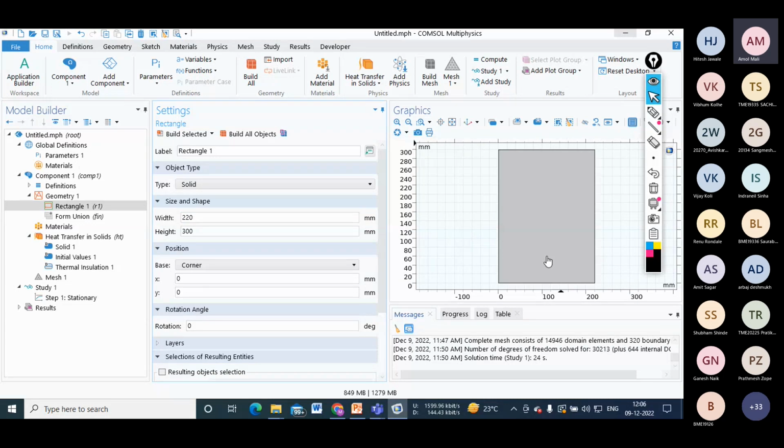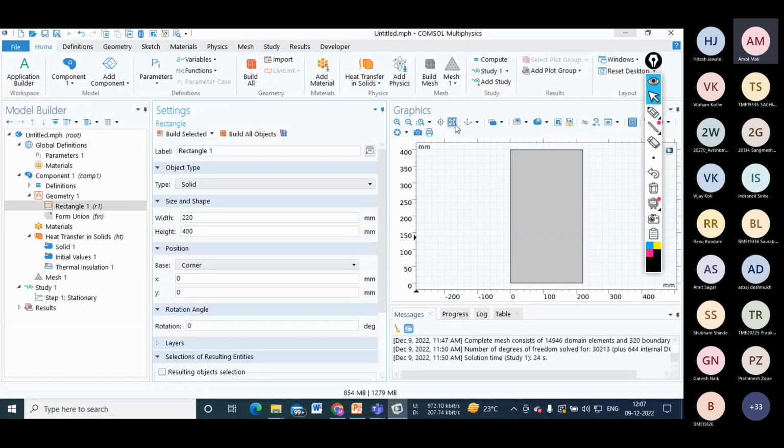Okay, is it looking proportionate? No, so I will increase it up to 400. इसका इम्पैक्ट नहीं पड़ेगा कुछ. ठीक है, तो यहाँ पर देखो width is 220, height is 400.